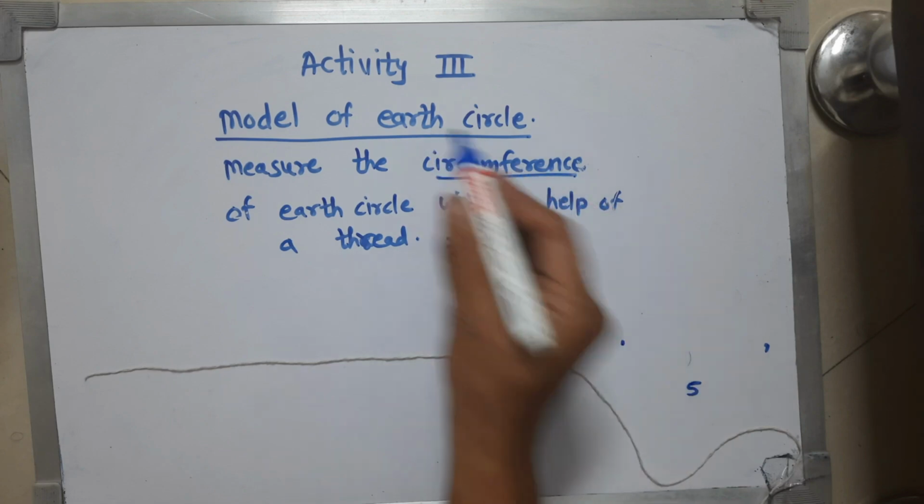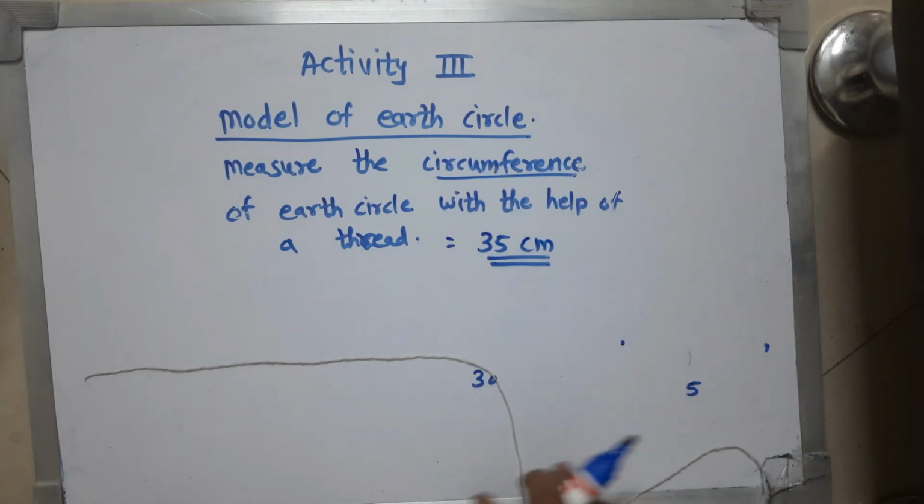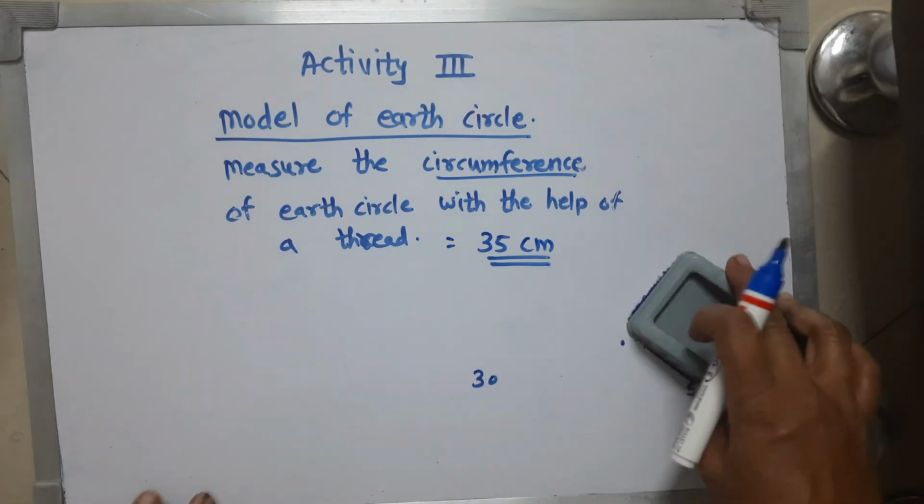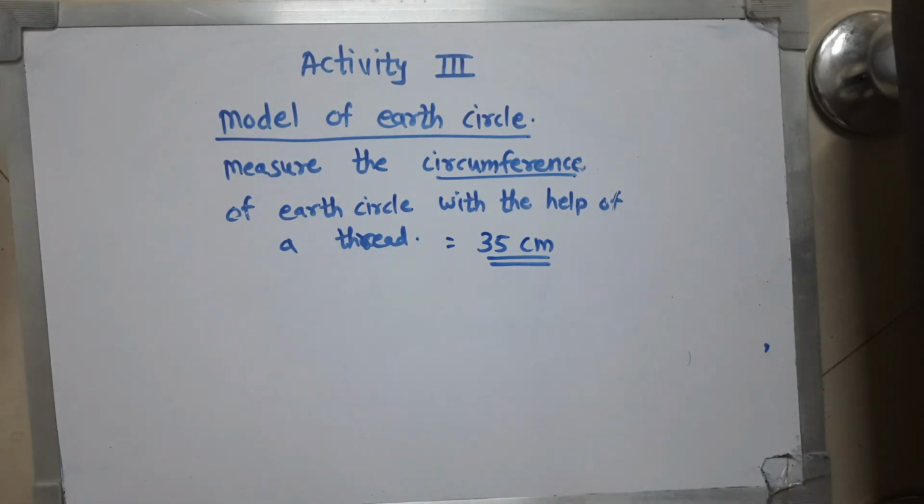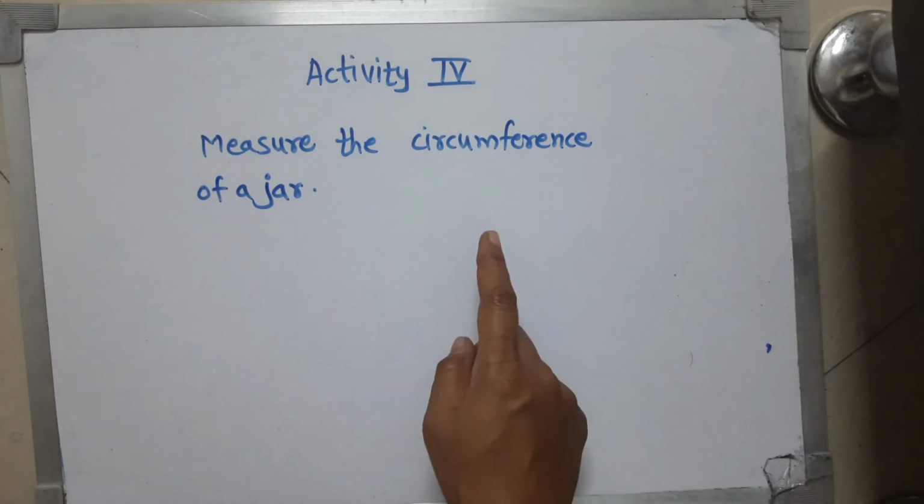Circumference is 35 cm. Model of Earth circle circumference is 35 cm.